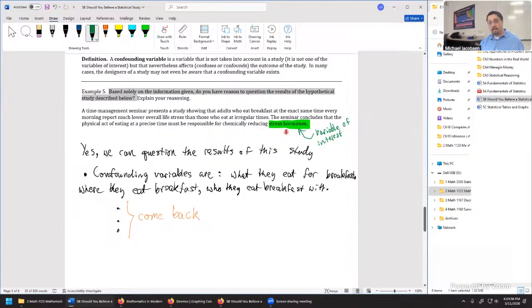For example, if an entire pot of really strong coffee is part of my breakfast, my stress hormones are probably going to go through the roof. So what they ate, where they ate, who they ate breakfast with are all big influencers. And there's probably other confounding variables that are still not accounted for in this problem.